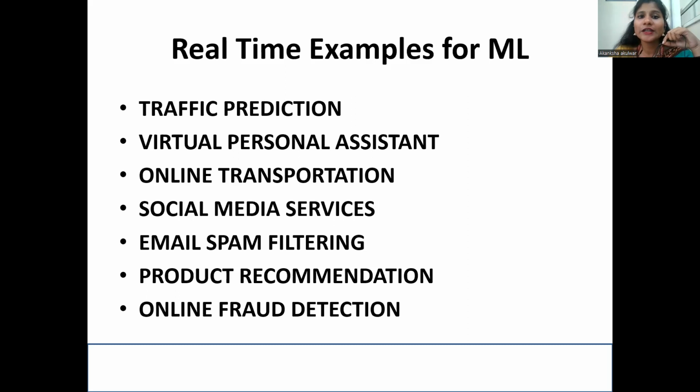Well, these are some of the real-time examples of machine learning. First one is traffic prediction, as already discussed, virtual personal assistant, online transportation, social media services, email spam filtering, recommendation, and online fraud detection. Recommendation and online fraud detection are nowadays the most in-demand real-time examples of machine learning.